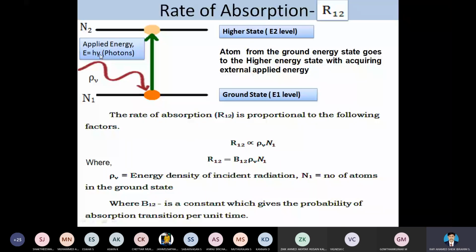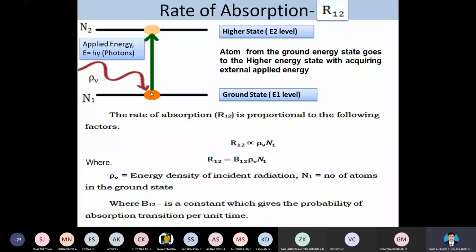The energy of the photon is E equals h nu. When the energy is applied to the ground state atom, the atom gains energy, and after accumulating the maximum amount of energy, the atom goes to the excited state.